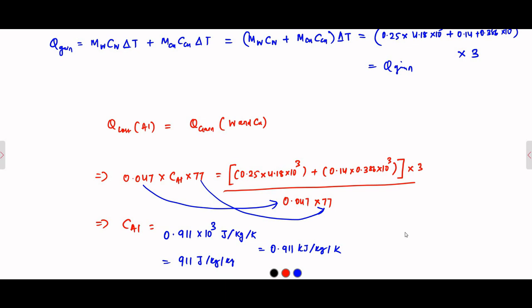This is the result. This is the specific heat of the aluminium sphere which we had to calculate.